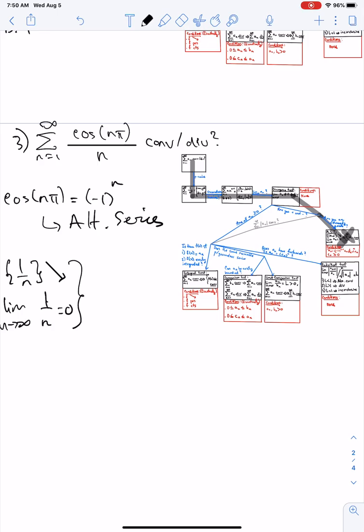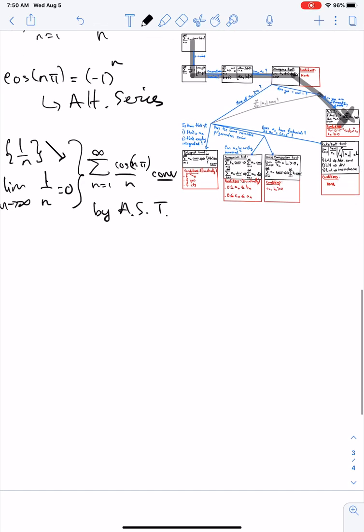So this implies that the original series, cosine n pi divided by n, is convergent by the alternating series test. All right, nice.